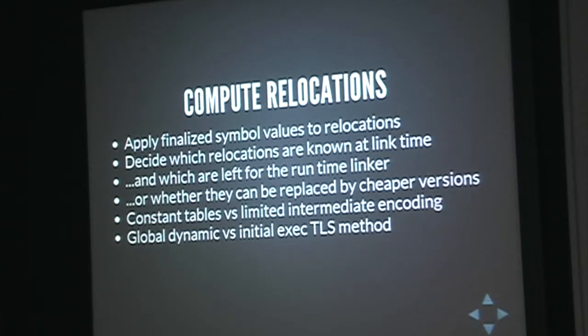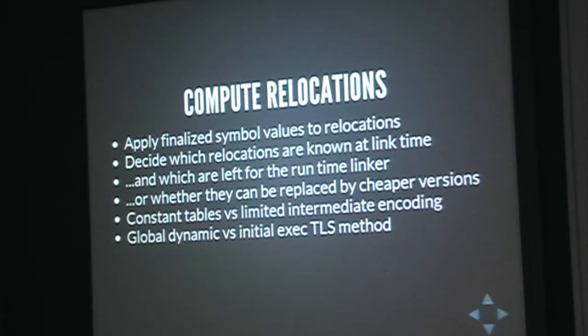And if we're doing static linking, we can write all the positions down because all the symbols are known, nothing changes at runtime. So all these relocations are going to be eliminated because they are fixed.